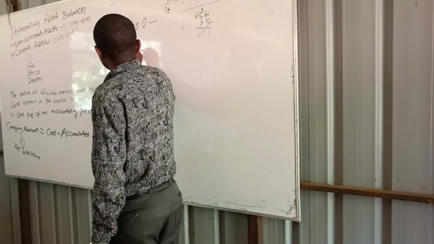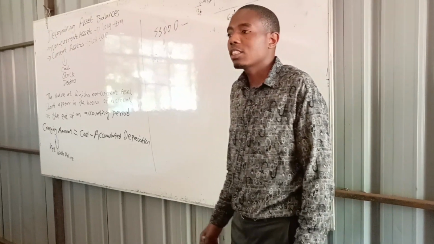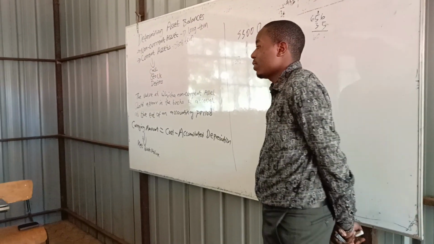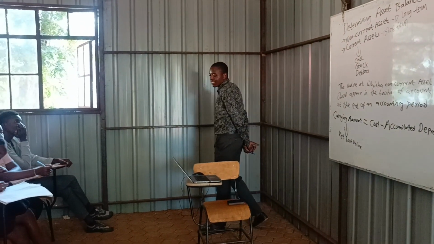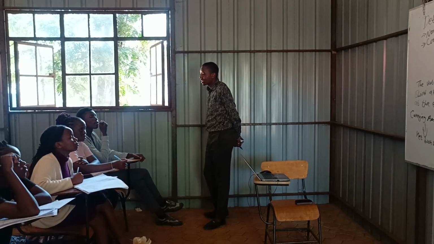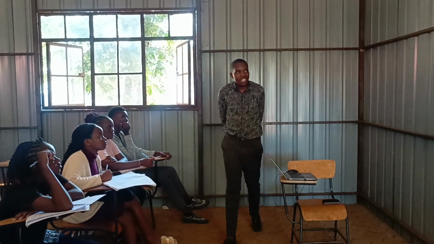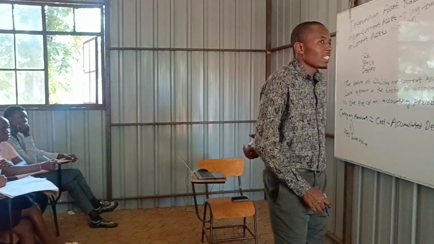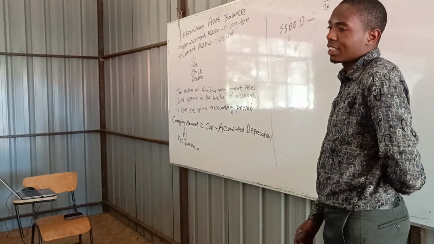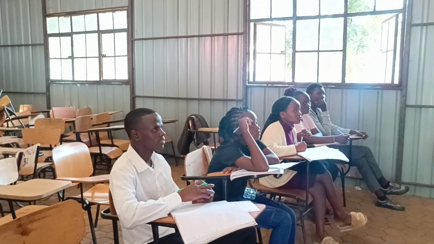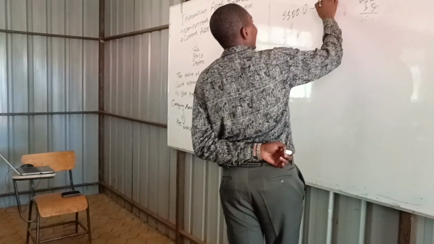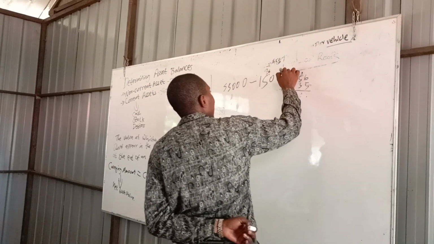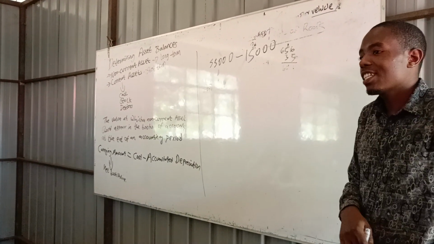Maybe if he decides to sell it now, how much will he sell it? He can sell it for 45,000. But phones depreciate very fast. Then how much can he sell it to you? Maybe he can sell it to you at 15,000.